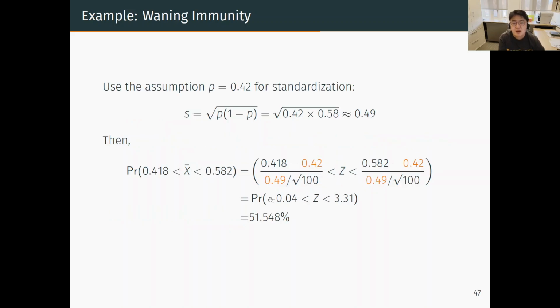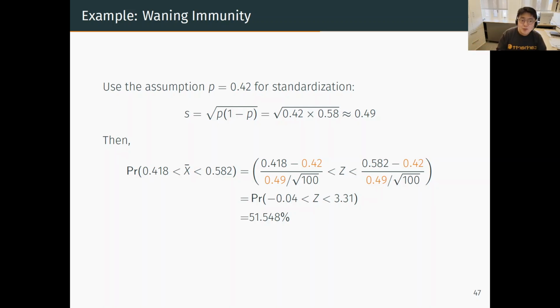Okay. How do we do that? Now another tricky thing here is, because we changed our assumption about the true probability, now we calculate based on 42%. So your standard deviation must follow that again, right? Previously, we used 0.5 as the probability because that is part of the null hypothesis, and we assumed the null hypothesis was correct.